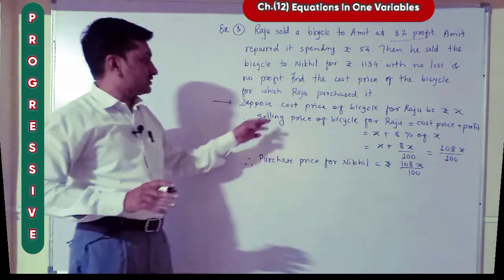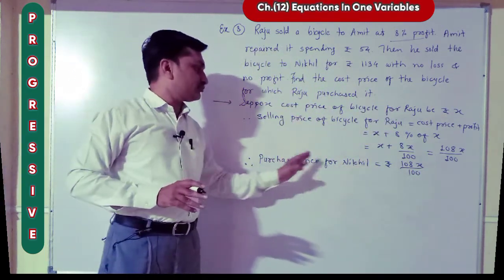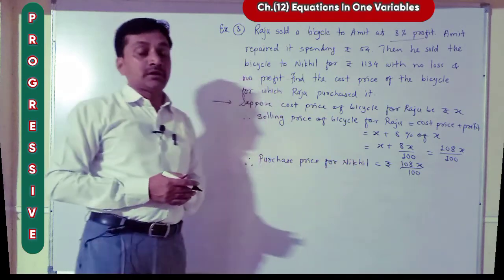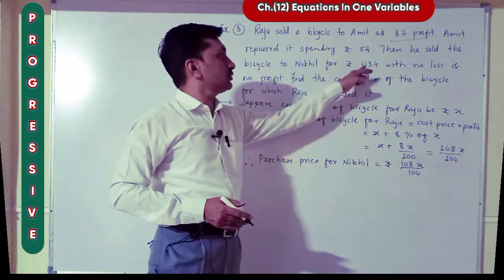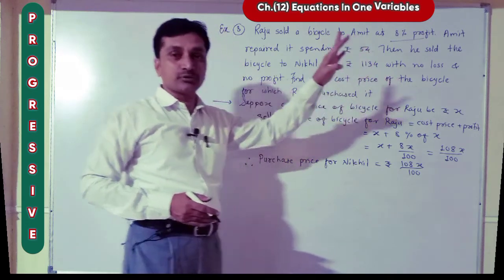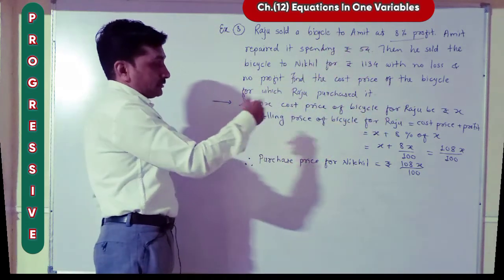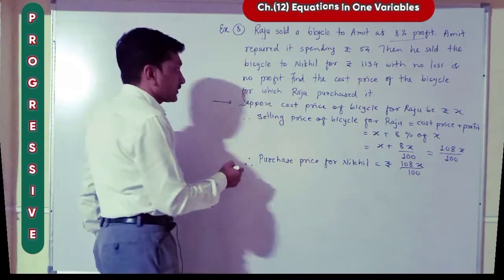Same amount, but selling price for Raju and purchase price for Amit. Now Amit spent rupees 54 on that, and then he sold for 1134, and that is the condition. Expense is there on that.